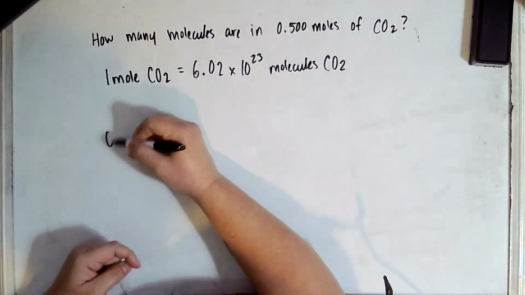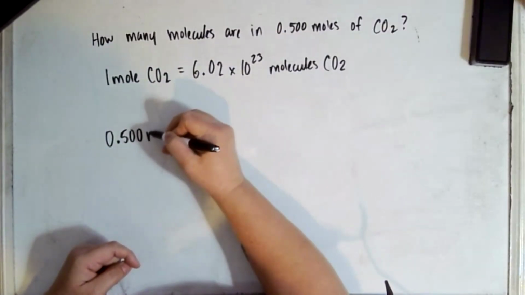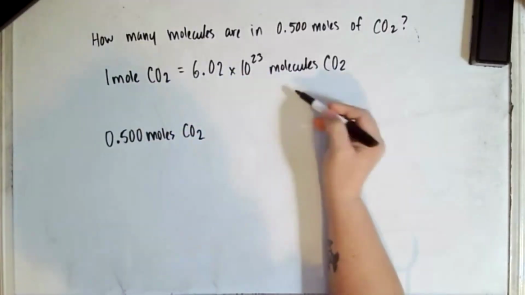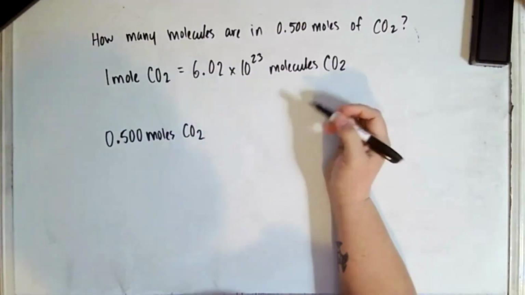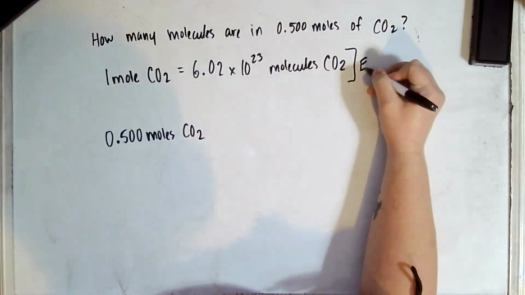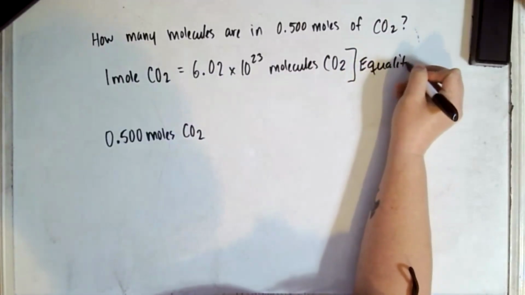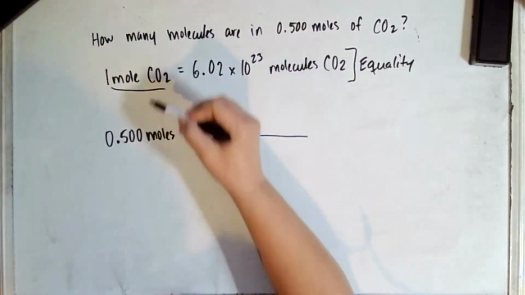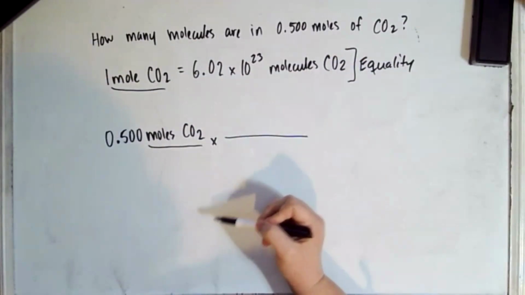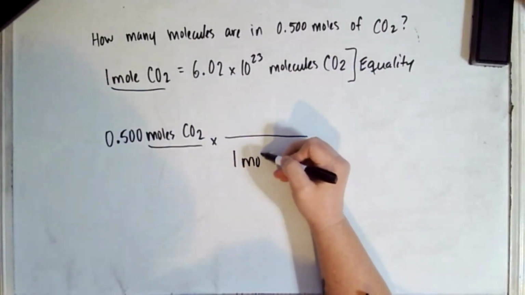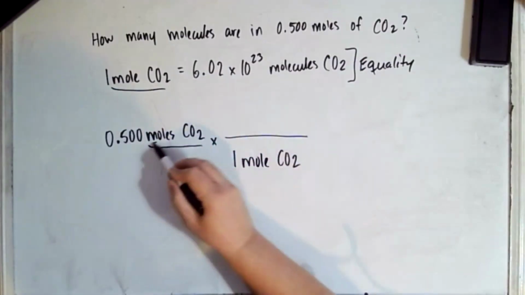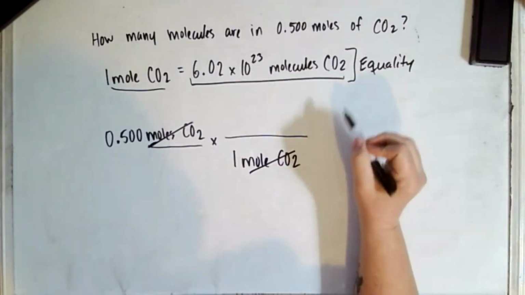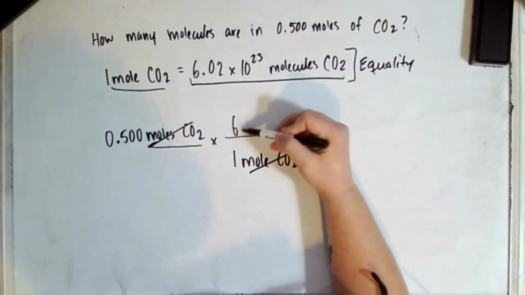So if we have 0.5 moles of CO2, then we're going to set up our conversion factor based on our equality. When we set up our conversion factor, we take the unit that matches the unit that we start with, and we put it on the bottom so that it cancels out. And then we put our other value from our equality up top.